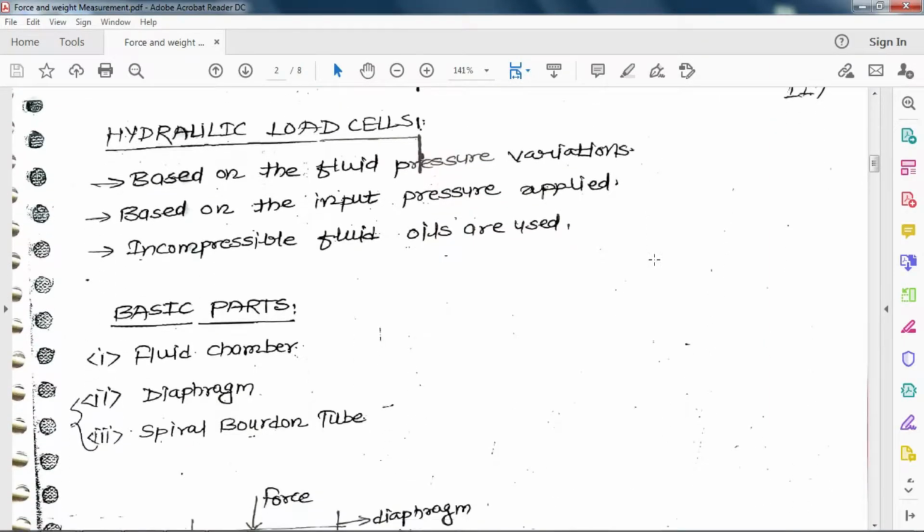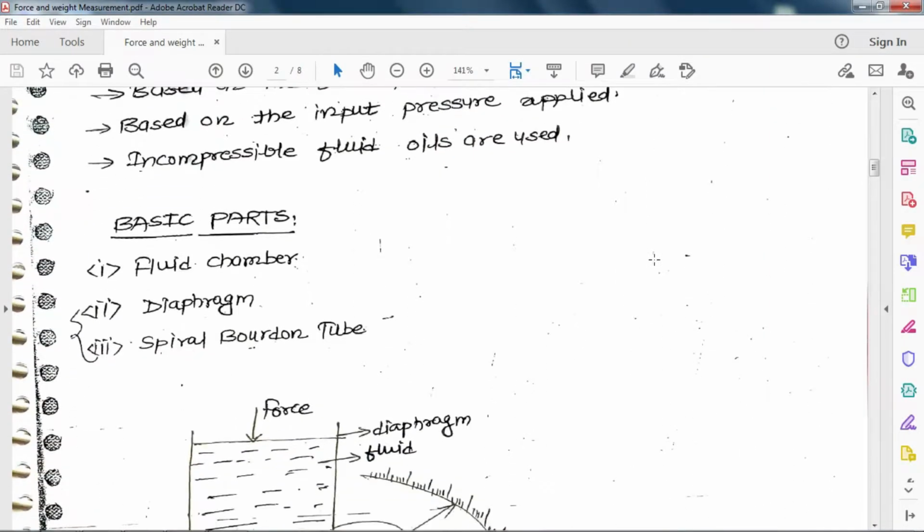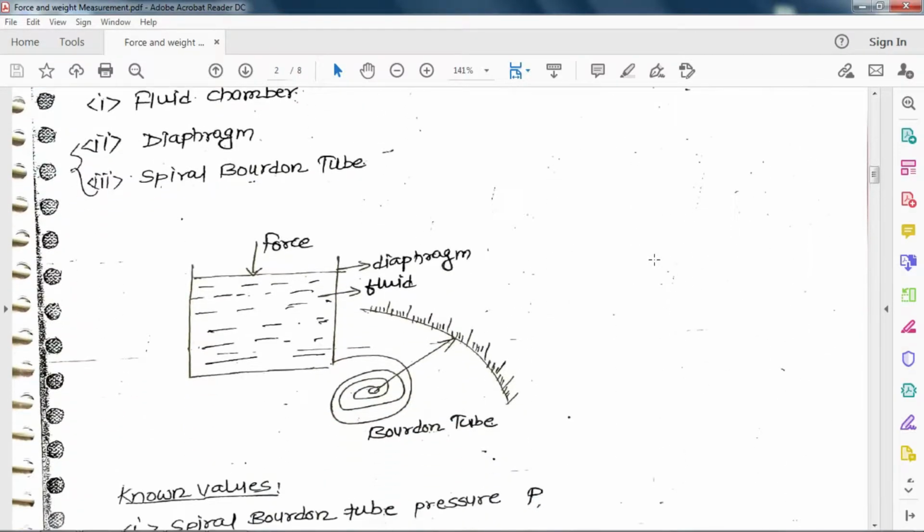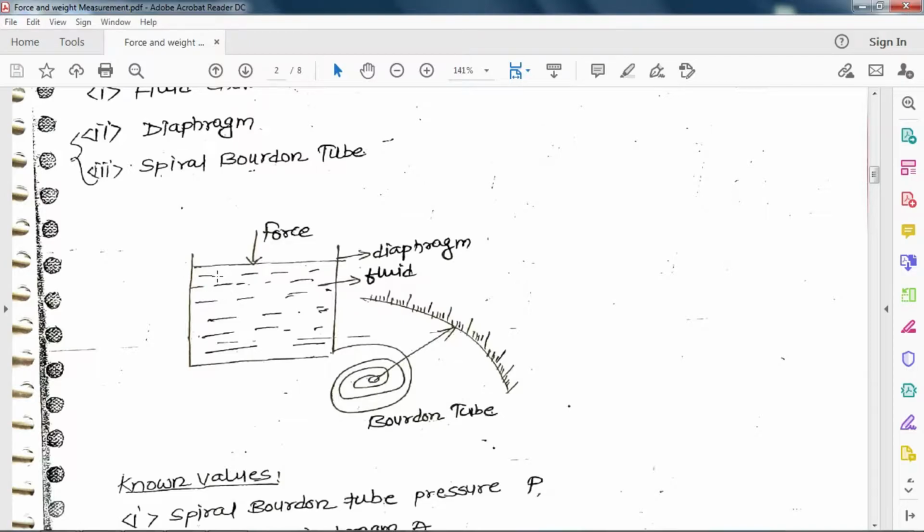The basic parts of hydraulic load cells are the fluid chamber, diaphragm, and spiral Bourdon tube. As you see in this diagram, we have a fluid chamber in which incompressible fluid is present, and we apply force over here, and here is a spiral Bourdon tube, which is connected to this. It gives me the pressure indication.